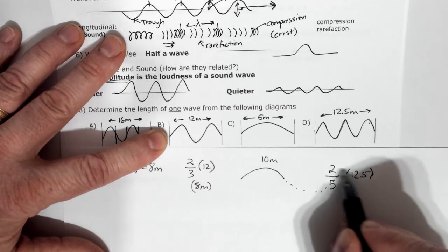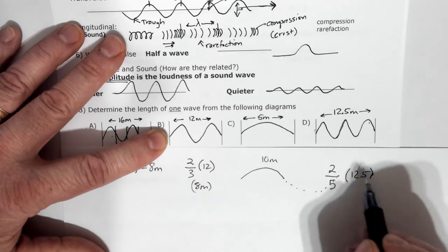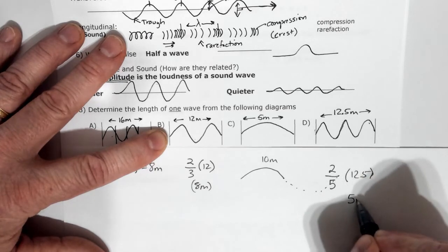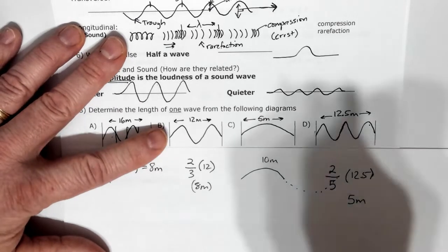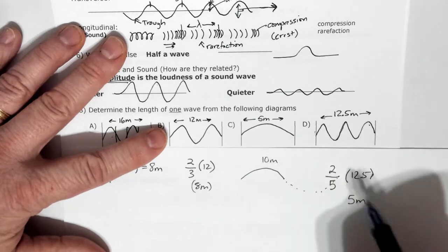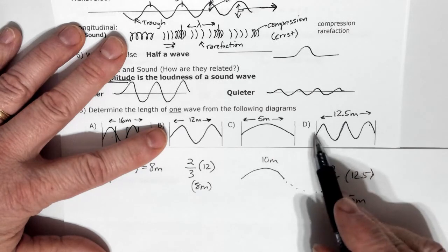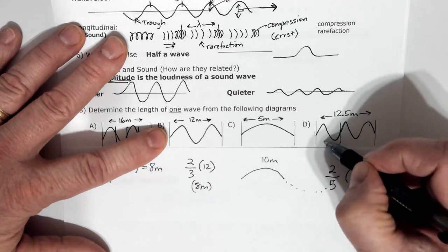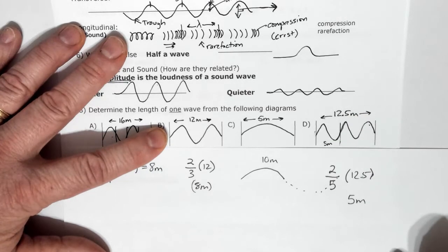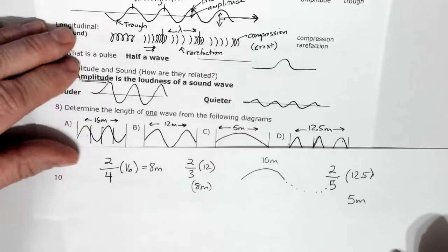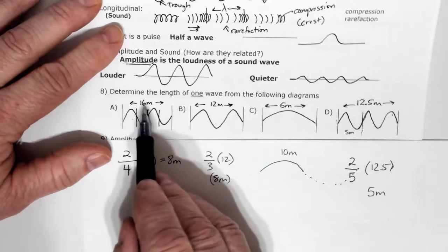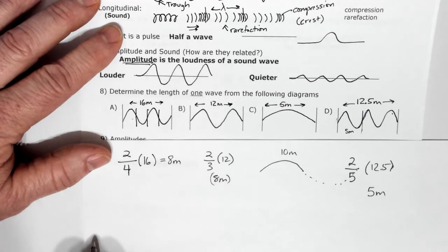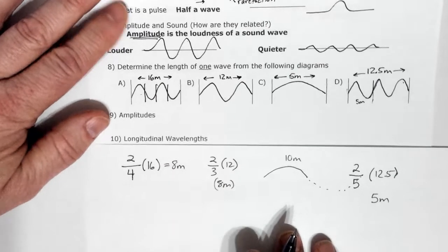Remember, everything on top multiplies. 2 times 12.5 is 25. 25 divided by 5 is 5. So a wavelength in this picture is 5 meters long. So this would be 5 meters. Okay? So that's how you find wavelengths when you know a length of a train of waves. That would be the simplest method to do that.